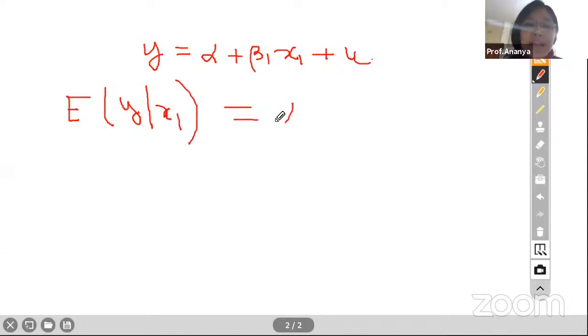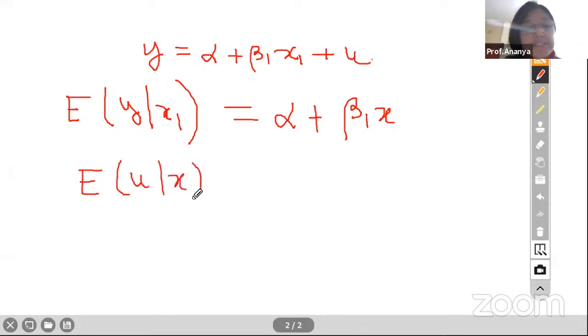That's equal to alpha plus beta 1 x. How can I say this? Because the average value of the errors given the x is equal to 0. So this is my model saying that there is a deterministic part of x and there is a random part of x.